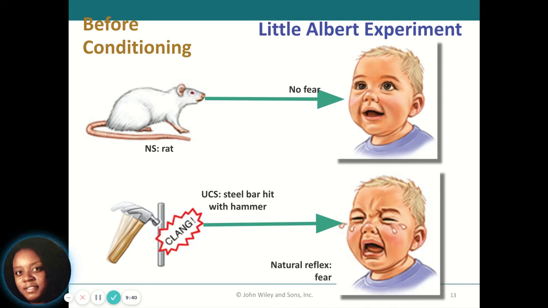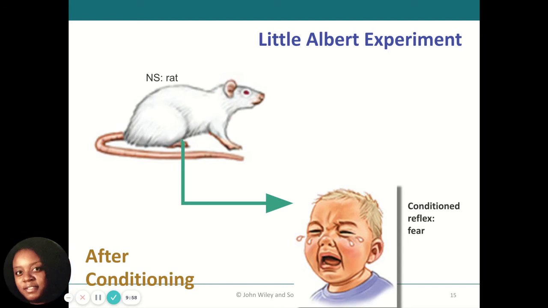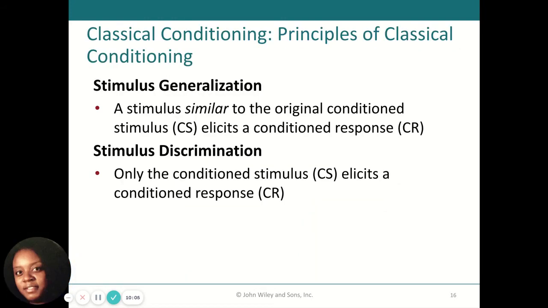So you know what they had to do. They had to present that rat and bang that steel bar over and over again so that eventually Albert would become afraid of the rat. So through conditioning, they were able to make Albert fear a rat. There are a lot of ethical considerations to take into place regarding that situation.